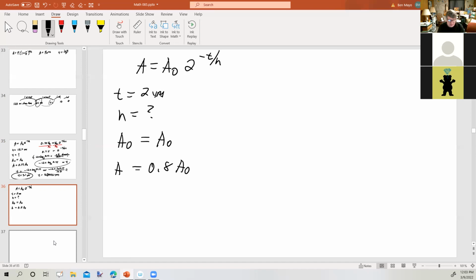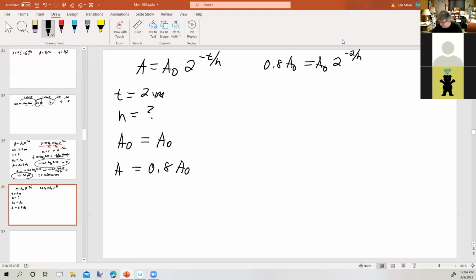And I could write 0.80 or just 0.8, either way. Okay. So what have I got? A, which is 0.8 a sub 0 equals a sub 0 times 2 to the negative 2 over h power. Any questions at this point?